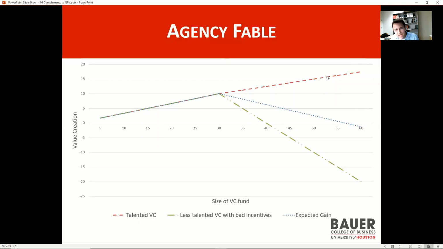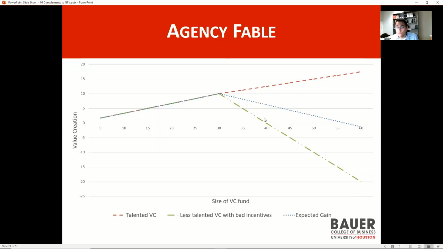What if you're a bad VC? What if you're not as talented? Well, you can probably still find some good deals up to a point. So for the bad VC, that's the green dotted and dashed line here. You can still create about $10 million in value if you're given $30 to begin with. But beyond that, you just can't find good deals anymore. So what happens is you start destroying value. Maybe you take too many extra trips.